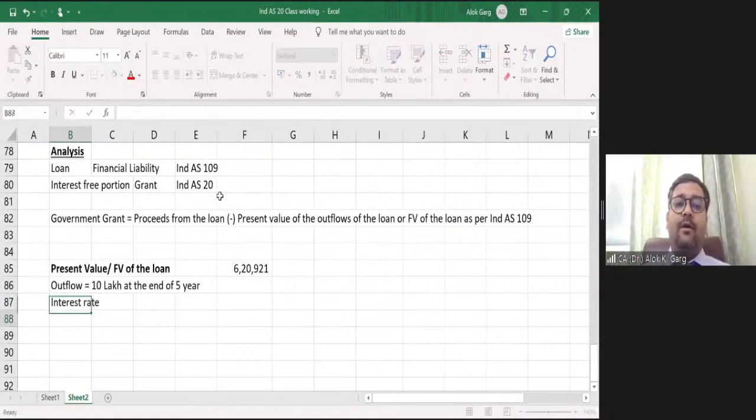Now, what will be the accounting entry? The accounting entry will be bank account debit. Of course, proceeds are 10 lakhs.